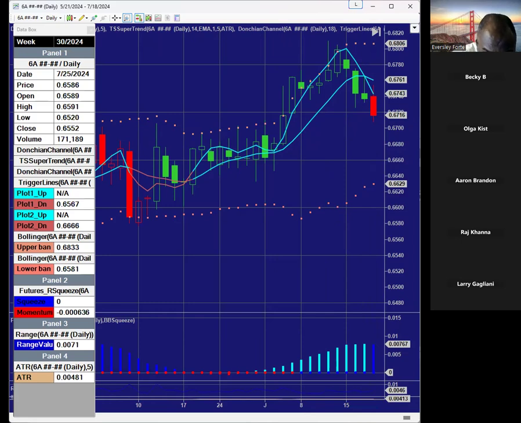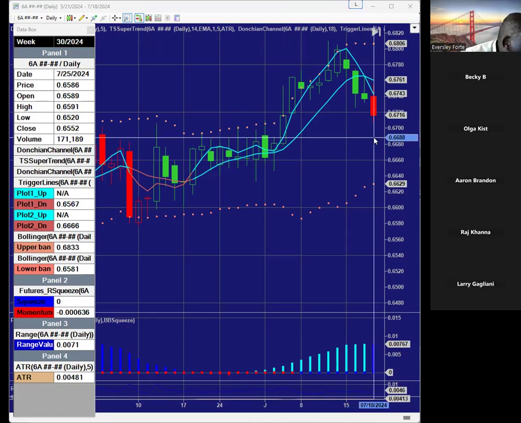I'm going to write it down. 0.6775 is the stop loss. The entry is 10 ticks below the low at 0.6698.